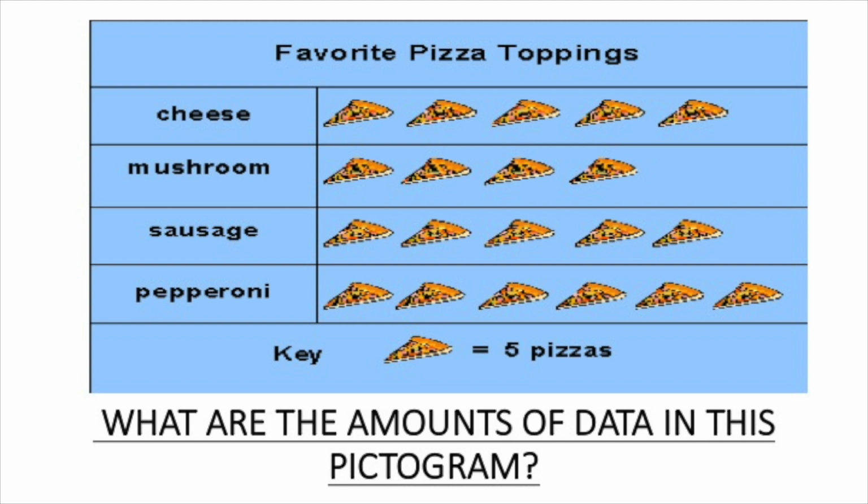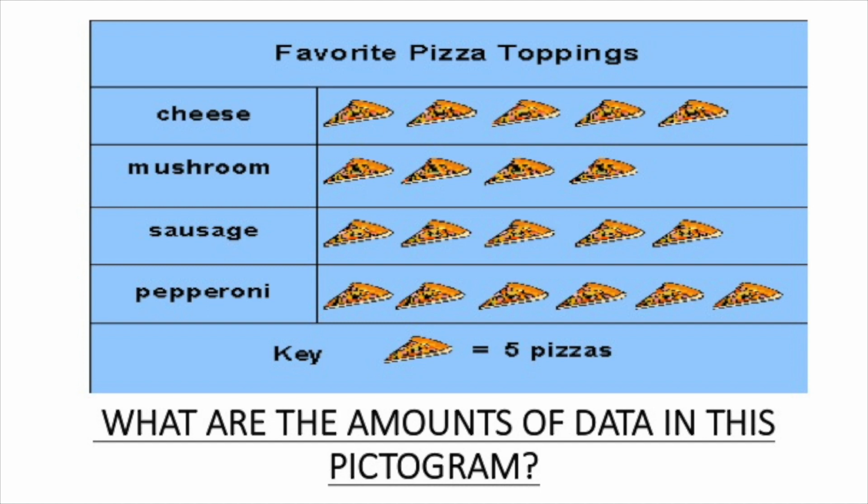And then sausage is the same as cheese. 5 times 5. Okay. But what's the most popular pizza, guys? Pepperoni. So let's count together. 5, 10, 15, 20, 25, 30.